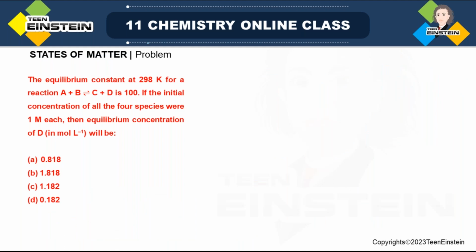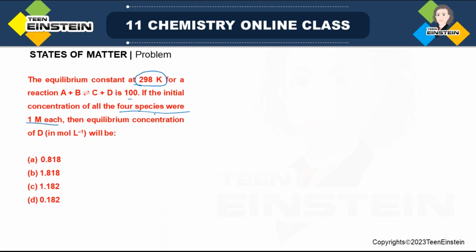Equilibrium constant at 298 Kelvin. Temperature fixed, we know. Then only we can give the definition of Kc. For a reaction A plus B producing C plus D is 100. So very high value. If the initial concentration of all the 4 species were 1 molar each, that means initial concentration of all 4 species.